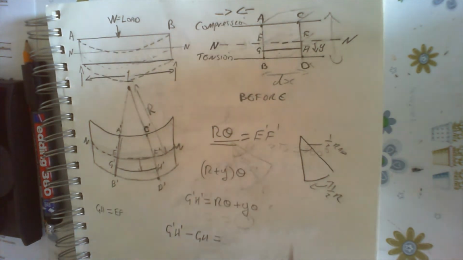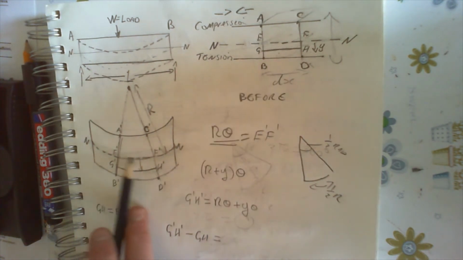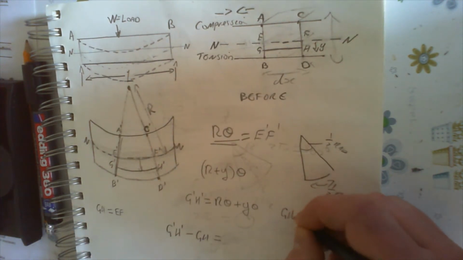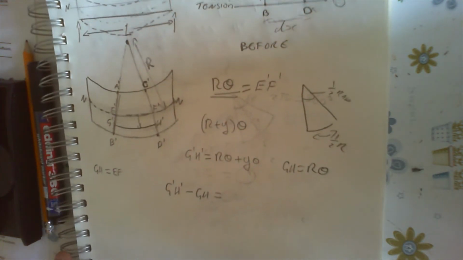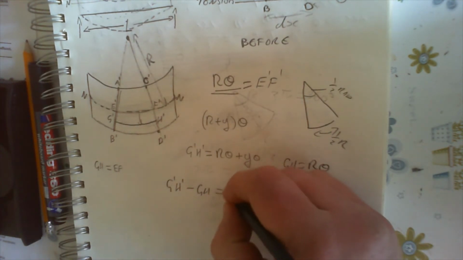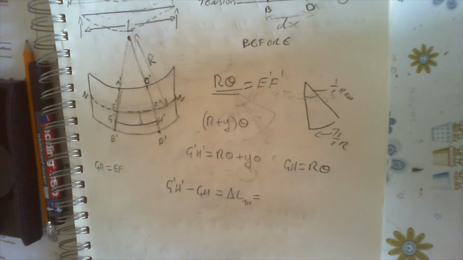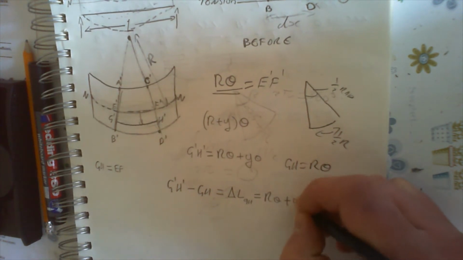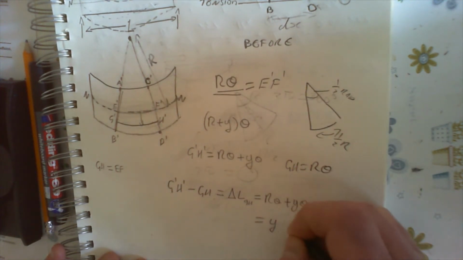Remember, if this length is the same as that length, this GH is going to equal R theta. So the delta L of GH is going to be R theta plus Y theta minus R theta, which equals Y theta.